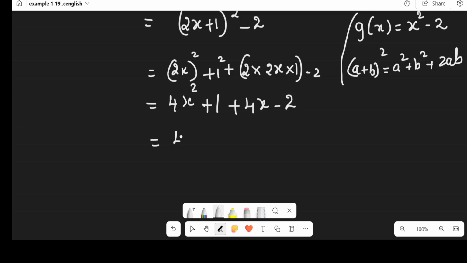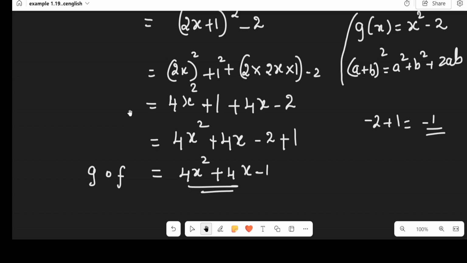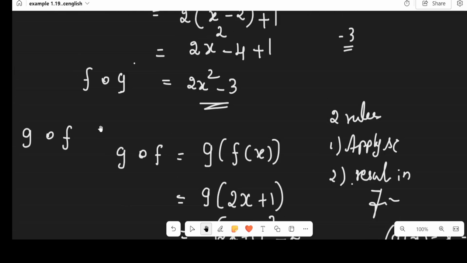So we get 4x square plus 4x minus 2 plus 1, which is 4x square plus 4x minus 1. This is the answer of g of f. This is the answer of example 1.19.